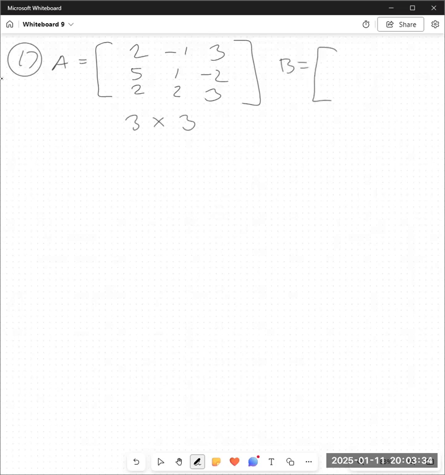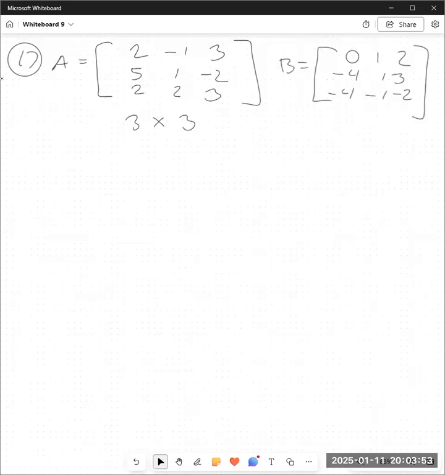And then B is 0, 1, 2, -4, 1, 3, -4, -1, -2. So both of those are 3 by 3s. So my products should be 3 by 3s, and I should be able to multiply both ways.